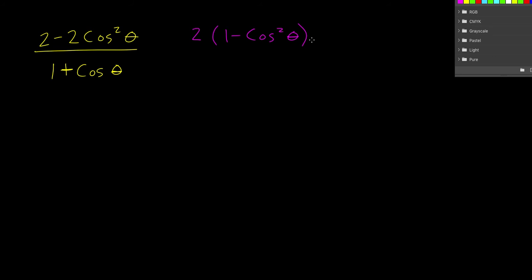That definitely reminds me of the Pythagorean identity. So I'm going to see what I can do with that. So I have sine squared theta plus cosine squared theta equals 1.